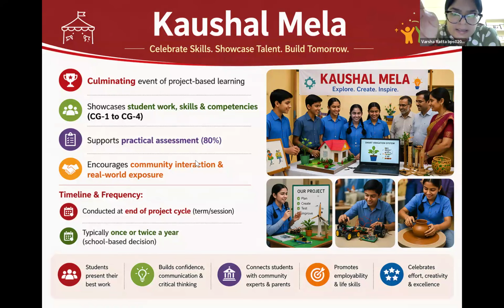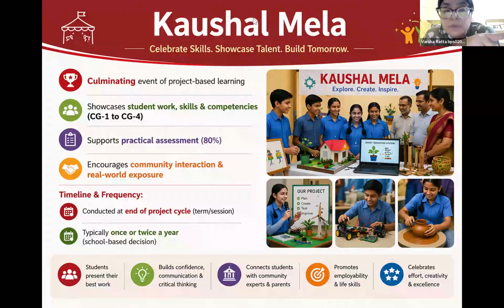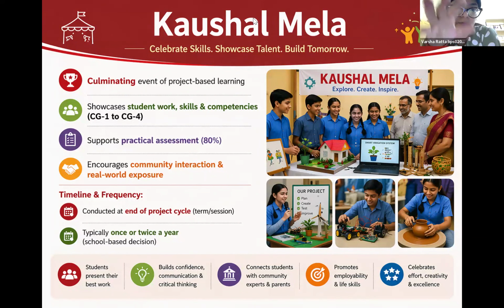We showcase the skills and competencies from CG1 to CG4. We support the practical assessment by doing the Kaushal Mela, which is 80%. Encourage community interaction. आप सबको बुला रहे हो तो obviously जो बच्चा है वो community के साथ interact कर पा रहा है, अपनी learning share कर रहा है.